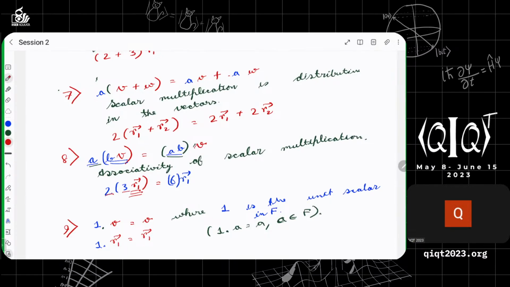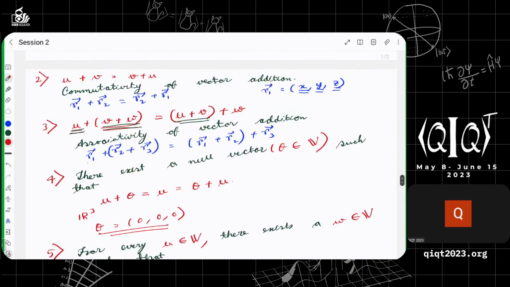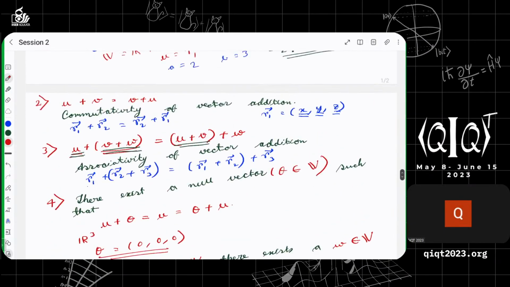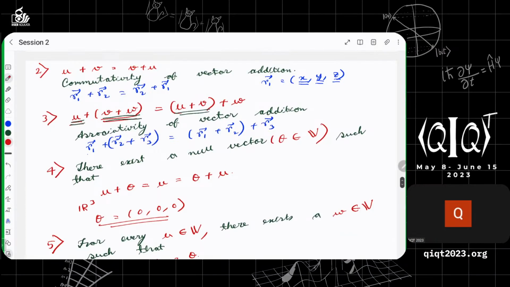Now, you might say that, okay, why are we writing these rules? These are very trivial, that vectors will be commutative, associative. Yeah, you are saying that because you are mostly familiar with real spaces, those of you who are starting out. But there might be structures where commutativity and associativity are not so obvious properties.